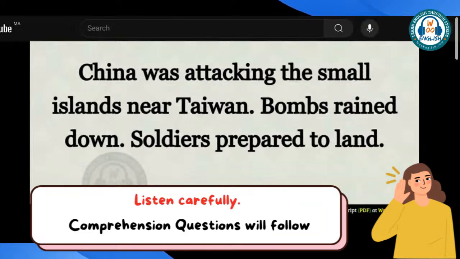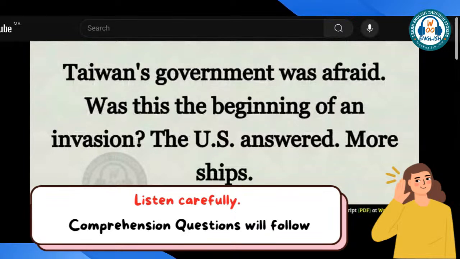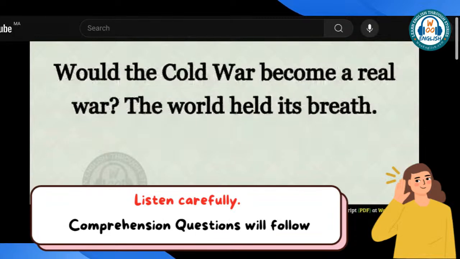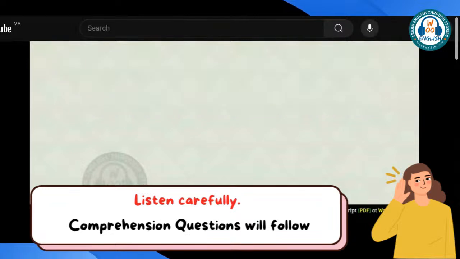Soldiers prepared to land. Taiwan's government was afraid. Was this the beginning of an invasion? The U.S. answered. More ships, more planes, more threats. The two powers stood face to face once again. Would they fight this time? Would the Cold War become a real war? The world held its breath.